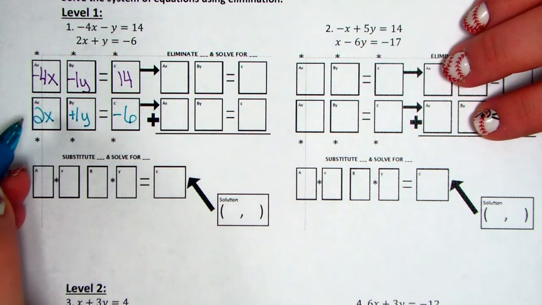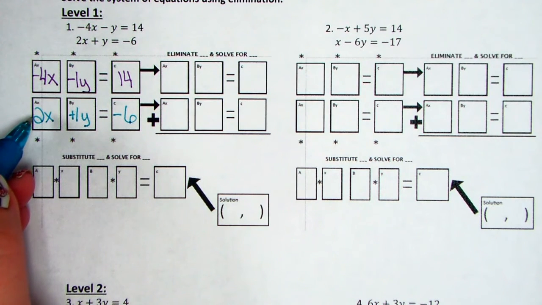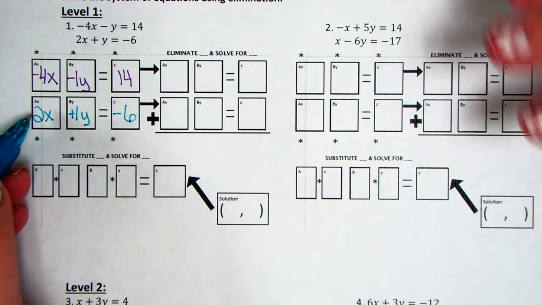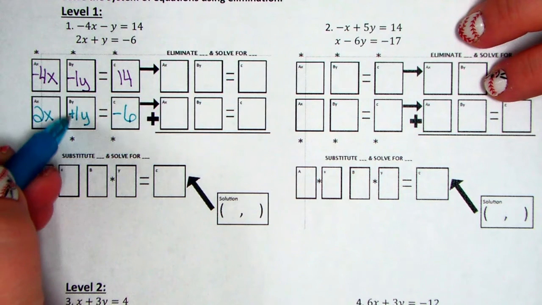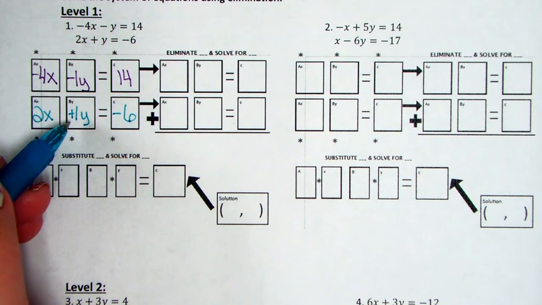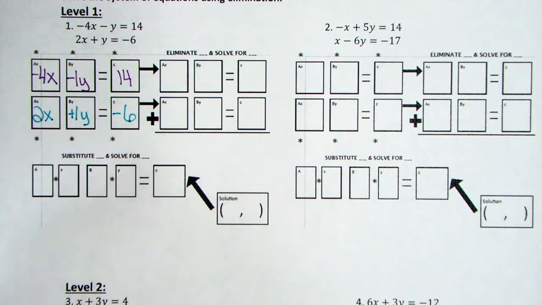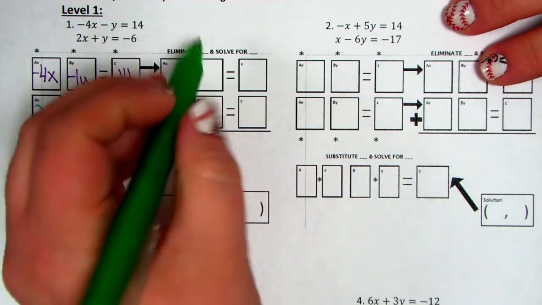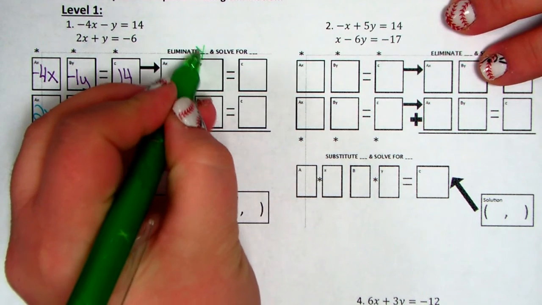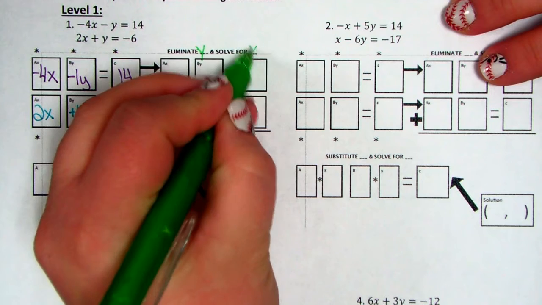So remember from our previous page that we were looking to see if there was already a variable that had the same number in front but with opposite signs. And that's what we have here for the y. So what's going to happen is that we are going to try to eliminate y so that we can solve for x.